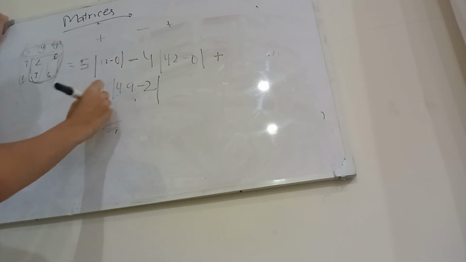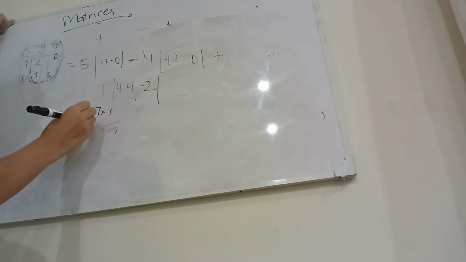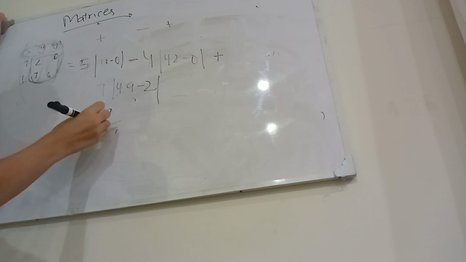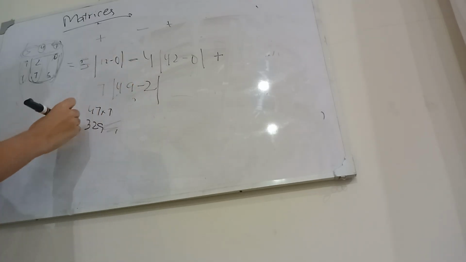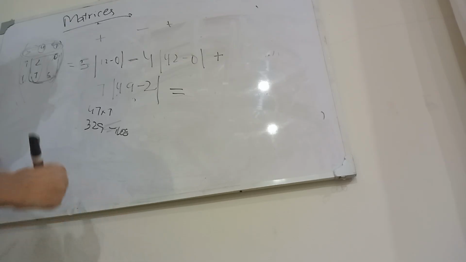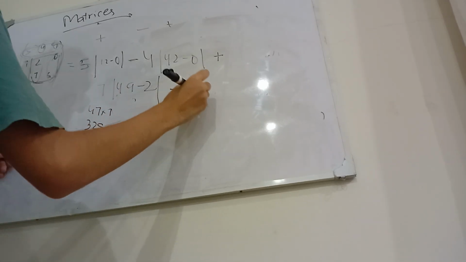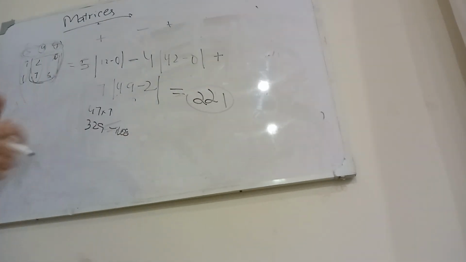Plus 47 times 7. 47 times 7 is 280 plus 49, which gives me 329. And this was minus 108. So the total answer I get out of this is 221, the determinant of the matrix.